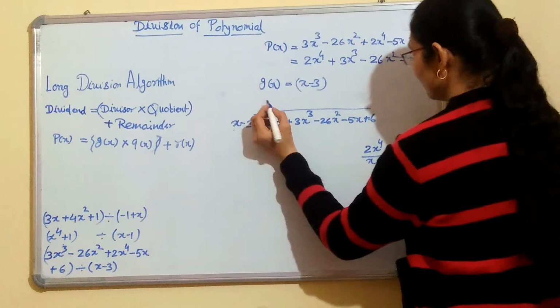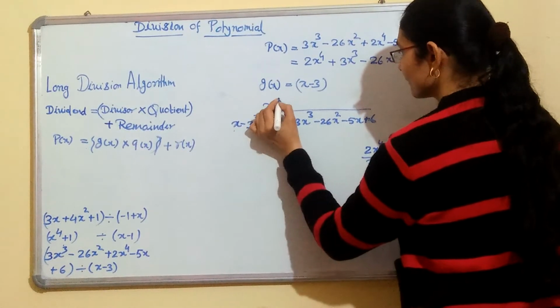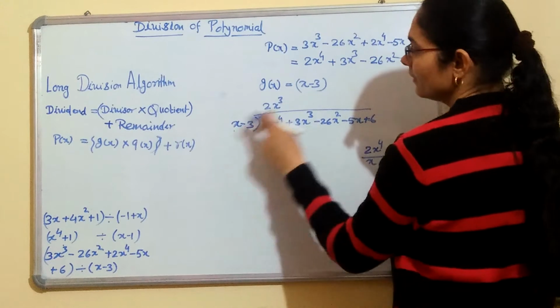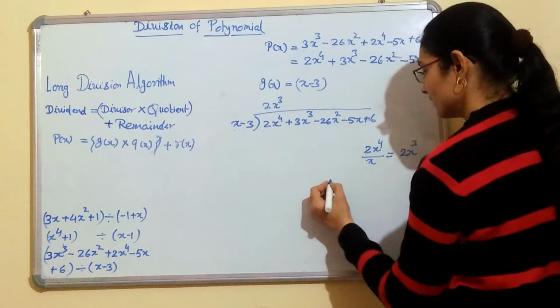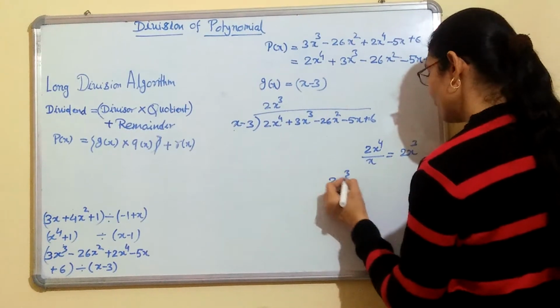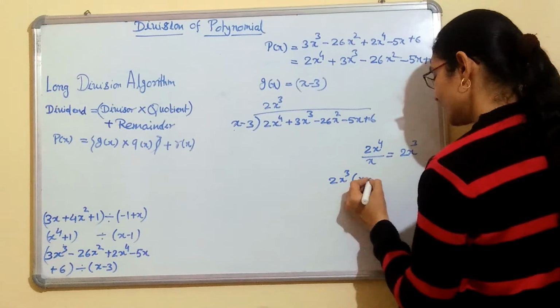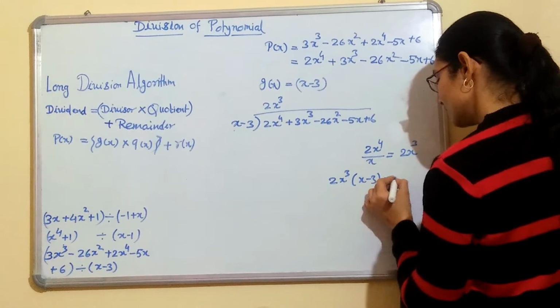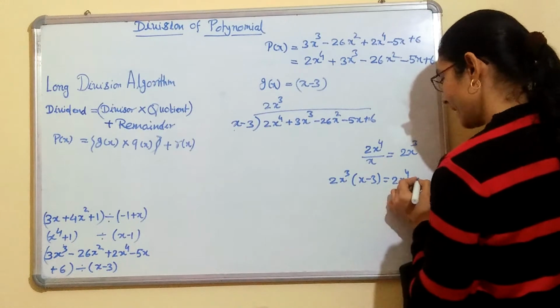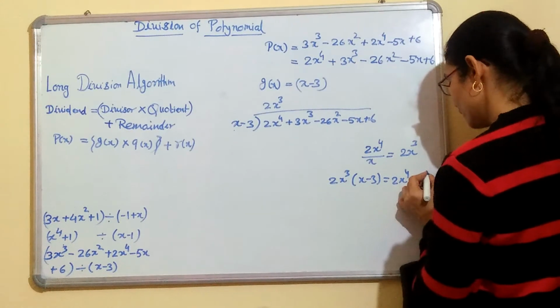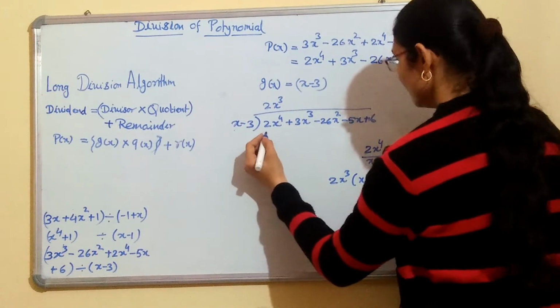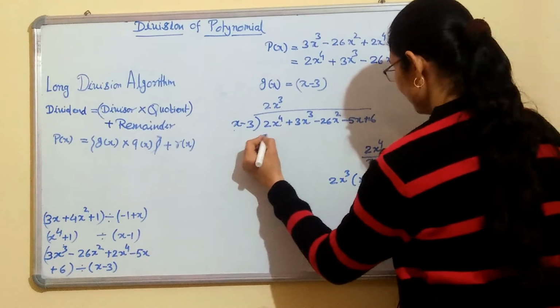This is the first term of the quotient. Now multiply divisor with this. So 2x cube into x minus 3, we get 2x to the power 4 minus 6x cube. Subtract this from the dividend.